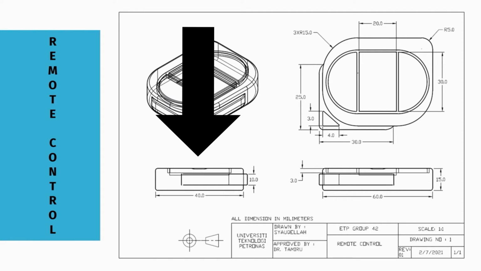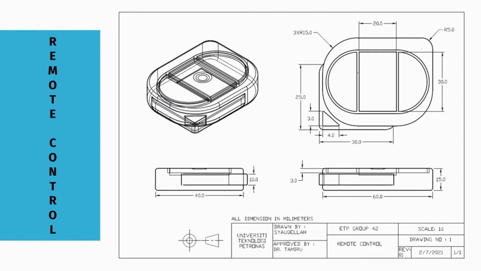And as you can see in this drawing, all the edges and lengths are clearly dimensioned. The dimension for the remote control is 40 times 60 times 15, which is 40 in width, 60 in length, and then 15 in thickness.